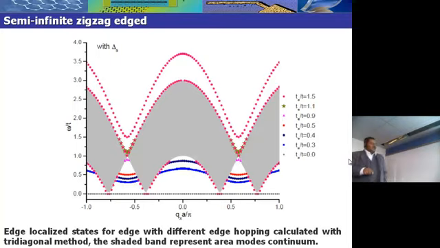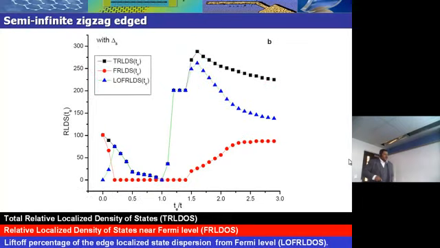We calculate the total relative localized density of state, which is the black point here, and the relative localized density of state near the Fermi level, which is the red one, and the left percentage of each localized state far from the Fermi level. We found that at zero we have edge localized state at Fermi, but this is the total one. As the hopping increases, it actually decreases until it comes to zero, from 0.3 until 1.4.